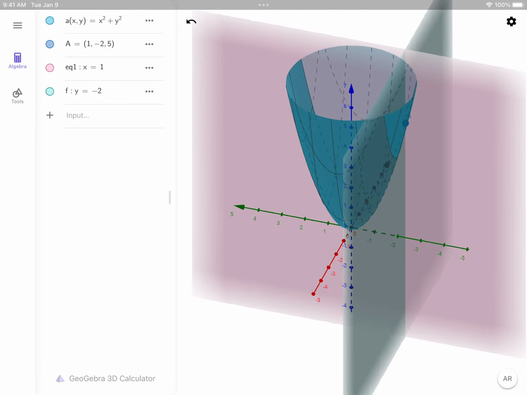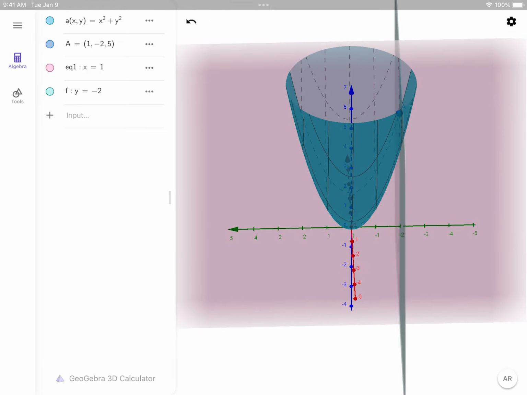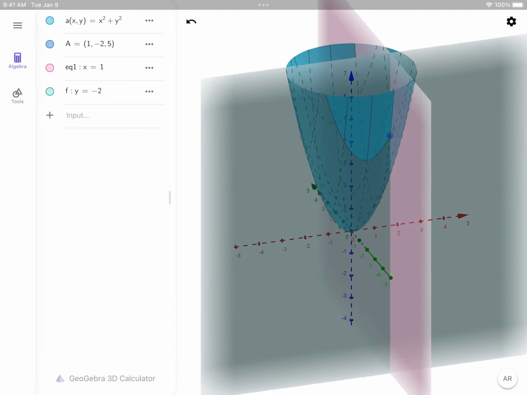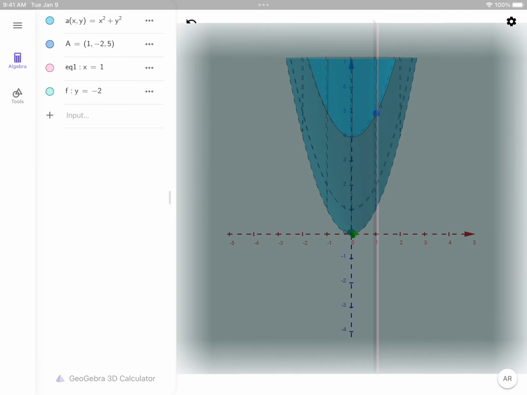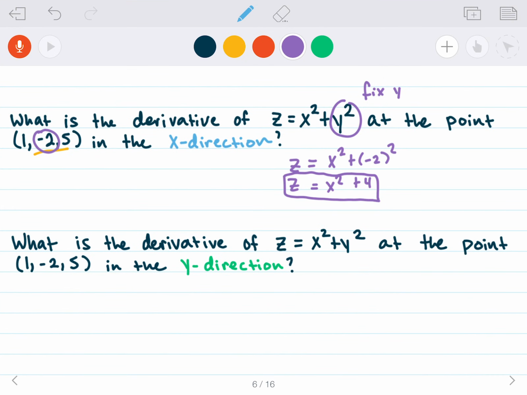We said y is equal to -2, it's going to intersect that surface in a parabola, and that parabola is x squared plus 4 like we found, okay? So when I take the derivative of this, I'm going to call it f subscript x. So that's the x derivative. You can think of it as the partial derivative with respect to x.